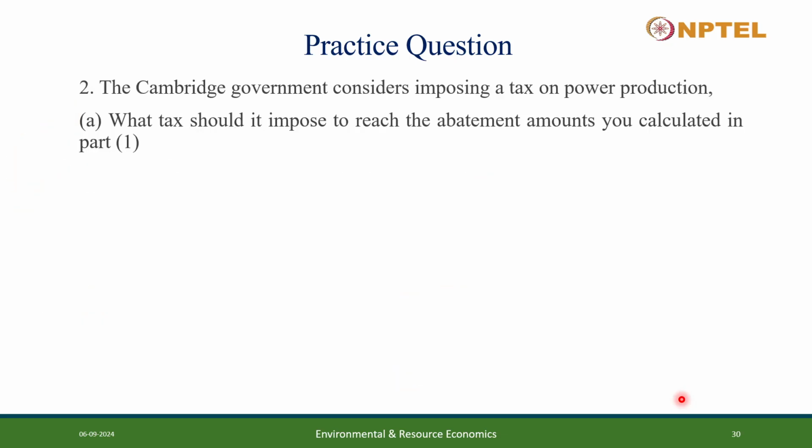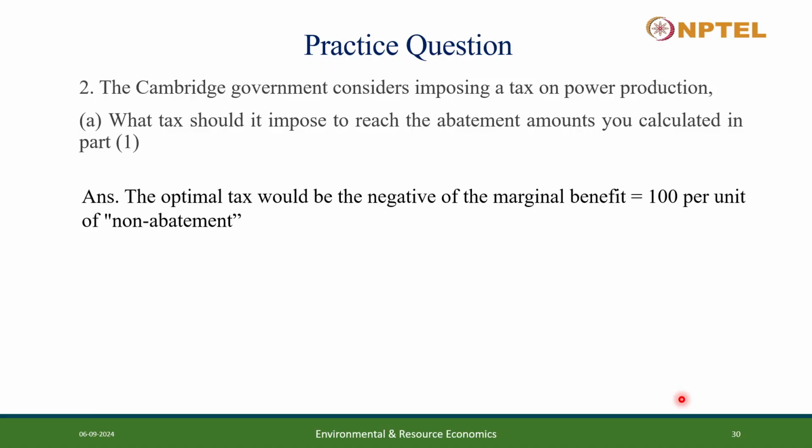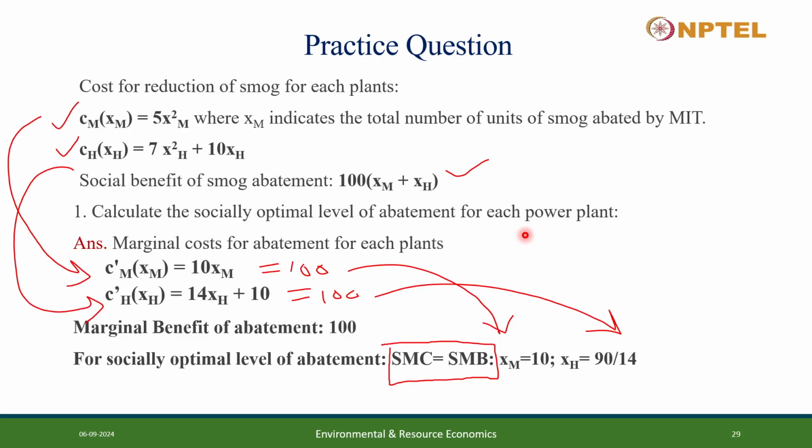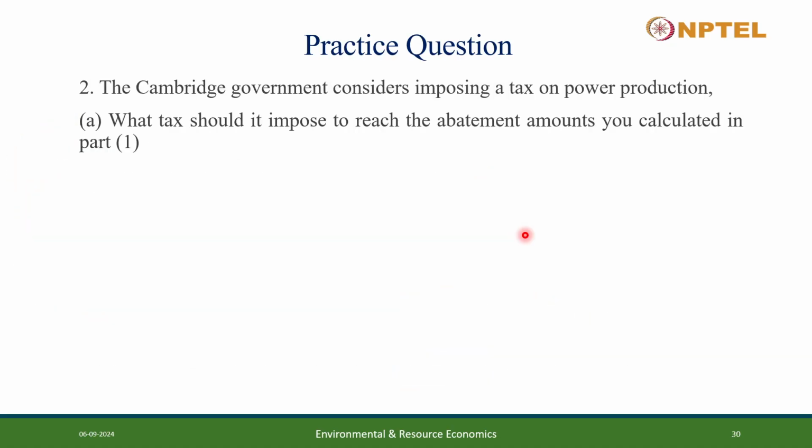The optimum tax would be the negative of the marginal benefit, that is 100 per unit of non-abatement. Since the marginal benefit is given as 100, the tax which should be imposed will be equal to 100.